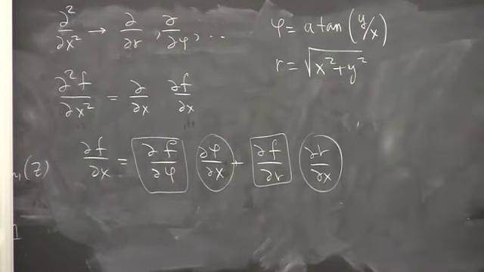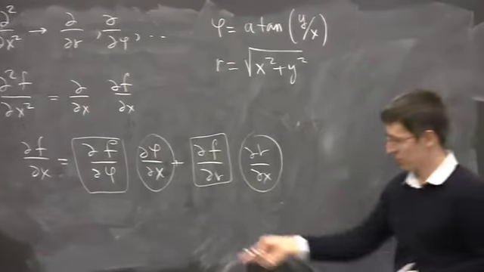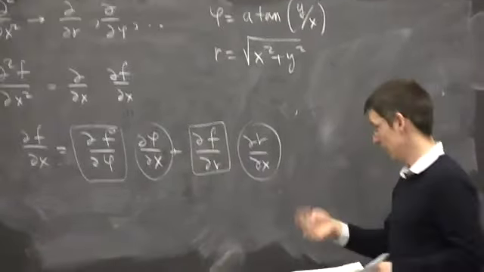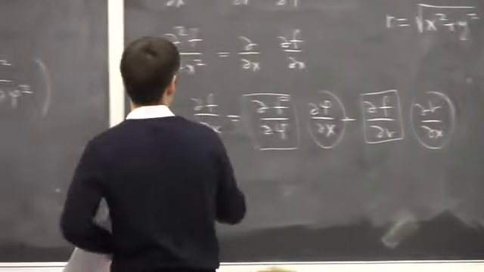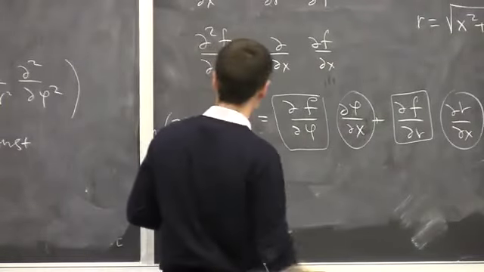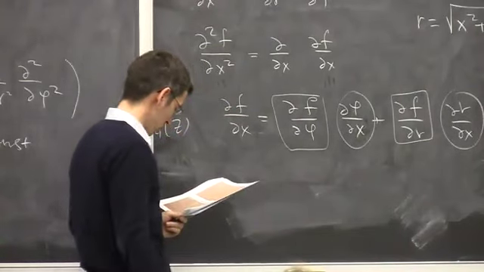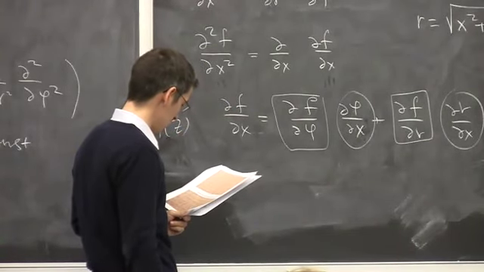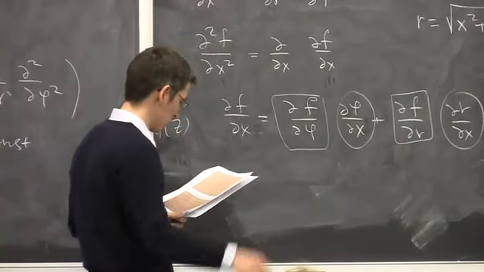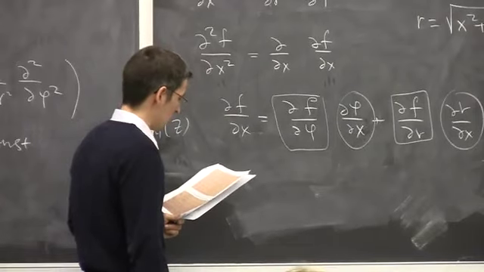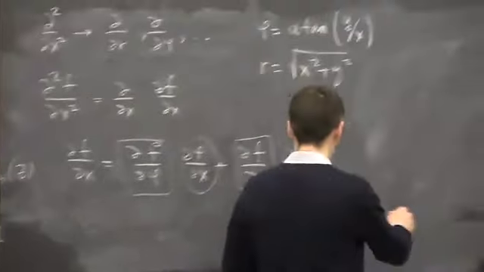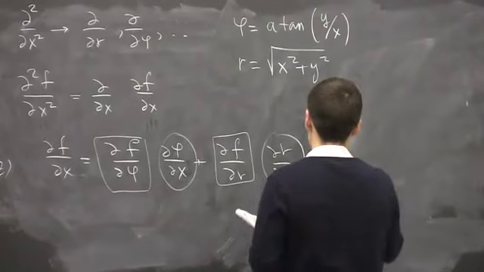All right? And of course, you all can differentiate these functions with respect to x and y. Because in the problem that you will be doing at home, you will need the derivative with respect to y.